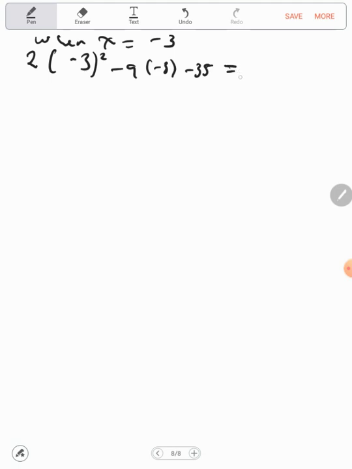Okay, so then we have 2 multiplied by minus 3 squared minus 9 multiplied by minus 3 minus 35. Only the c remains. C multiplied by 2 multiplied by 5. Then this gives 10 is equal to 10c, implying that c is equal to 1.